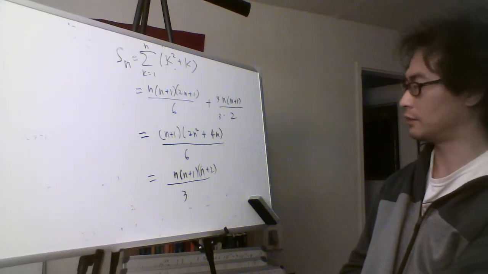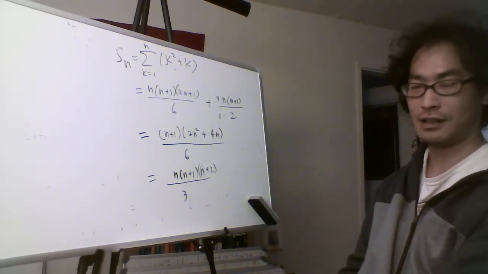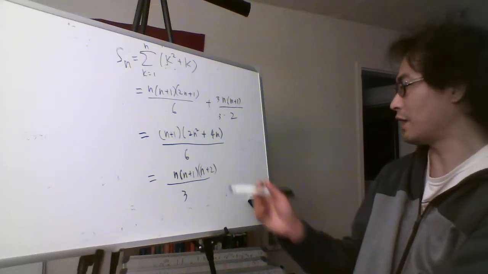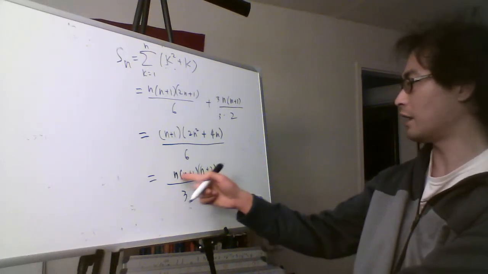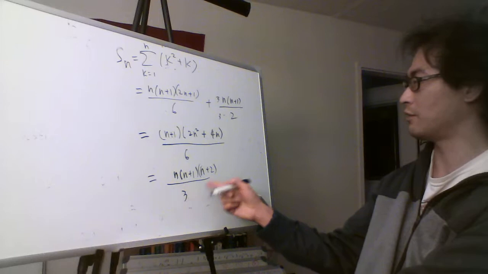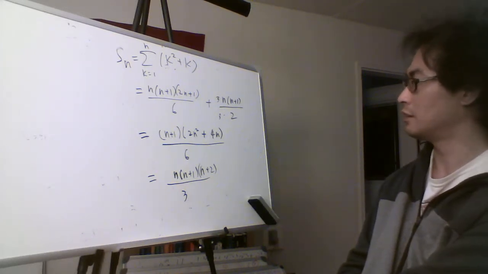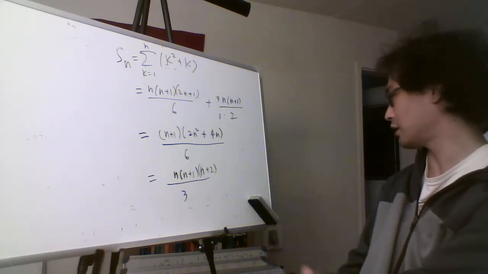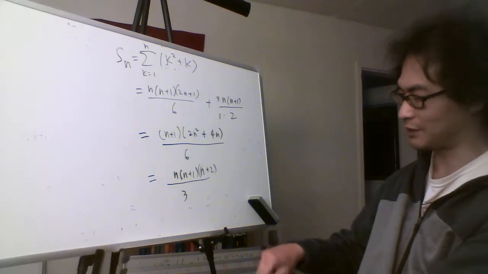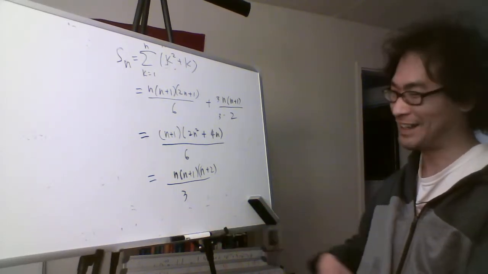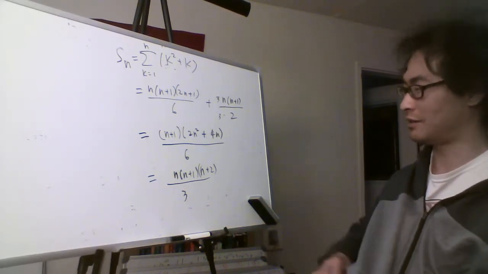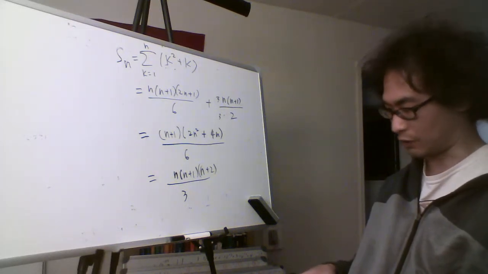Okay, so it's very beautiful. You have n, n plus 1, n plus 2, and divide by 3. It's a pretty formula. Let's see if this works. I'm going to take a picture of this because it may be wrong. It's our conjecture. We'll see if this is correct or not.